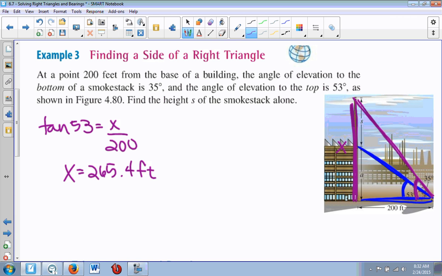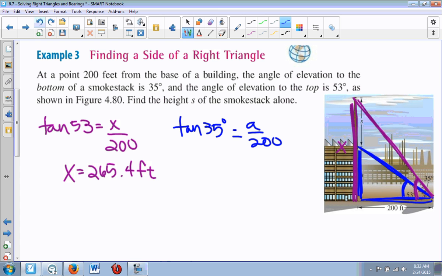figured out what the height of the entire thing is together. Now we're going to worry about just finding the building. They have it labeled as A, so I'm going to use A. Again, we're going to use a tangent ratio. This time, though, we're only going to do it to the top of the building, so that's a 35-degree angle. And that's still going to be A over 200. Just like the last one, the A is in the numerator, so I'm going to multiply.